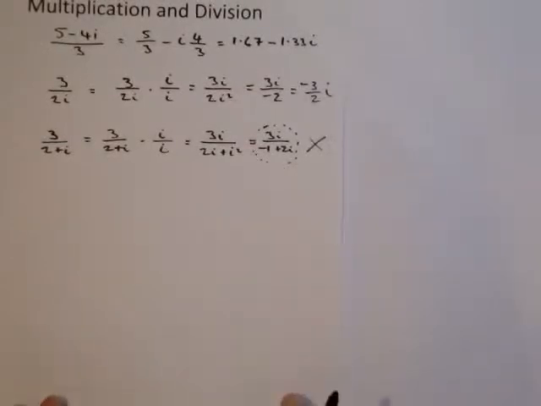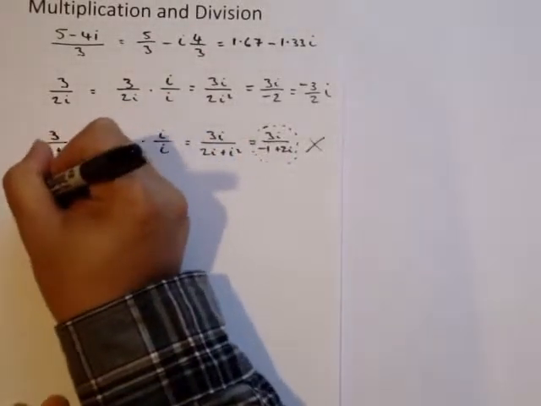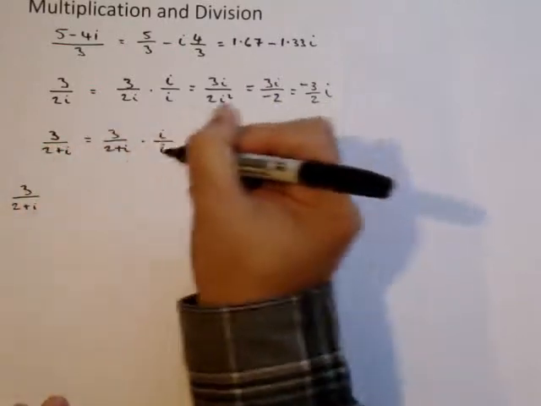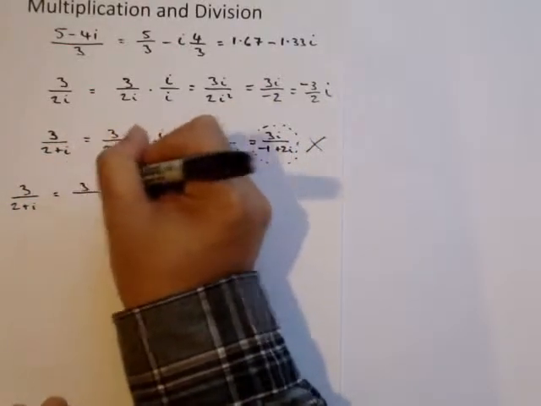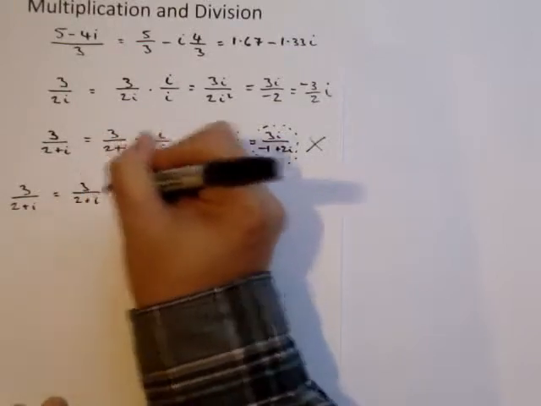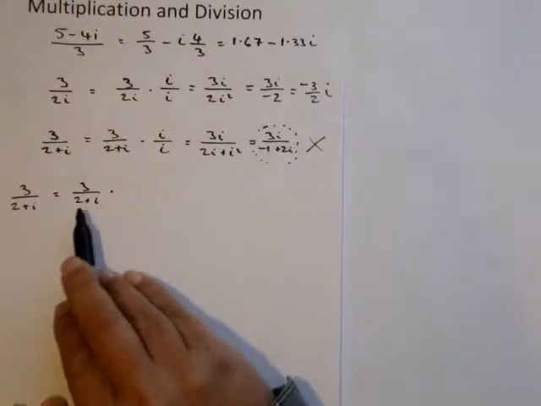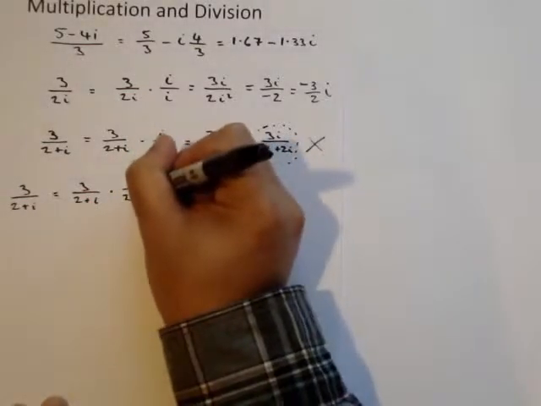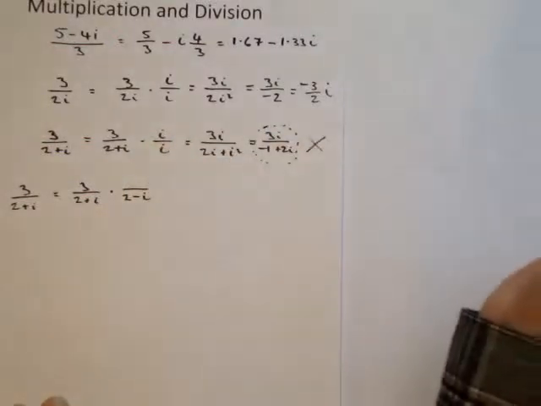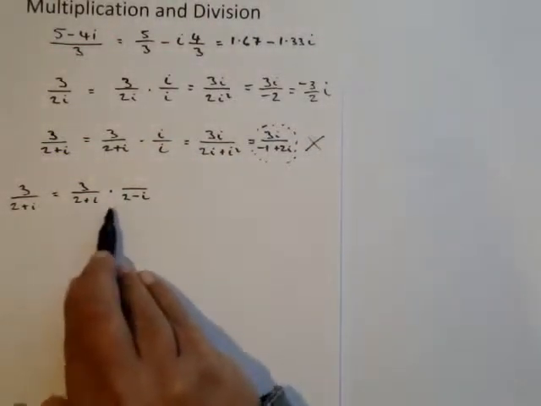So the complex conjugate, if we have 3 over 2 plus i, this equals 3 over 2 plus i multiplied by the complex conjugate, which is 2 minus i. So 2 minus i is the complex conjugate of 2 plus i.